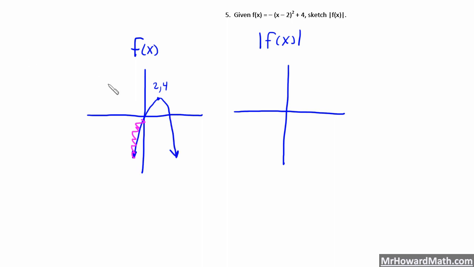So this thing ends up looking, we have this same shape here, so the vertex is still (2, 4), and then this part is reflected over, and it goes on forever there and on forever there, just like that. Alright, so let's look at question 6.